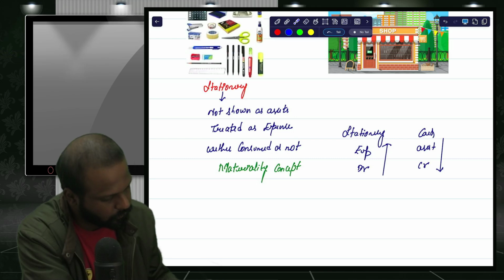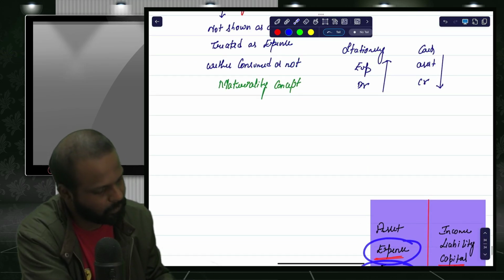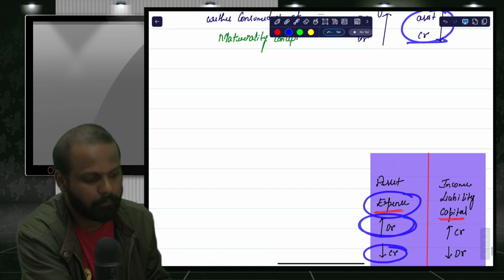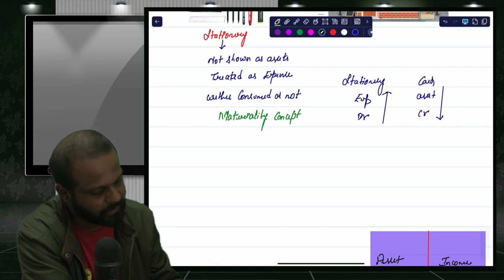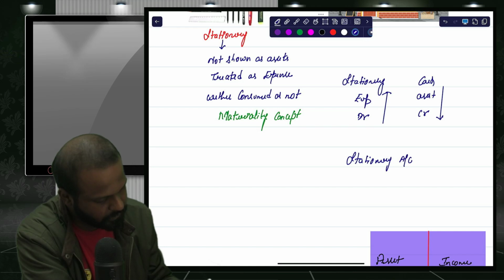So expense increases, we do debit. Asset decreases, we do credit. So the debit will be stationery, stationery account debit or stationery expense account debit, to cash account.